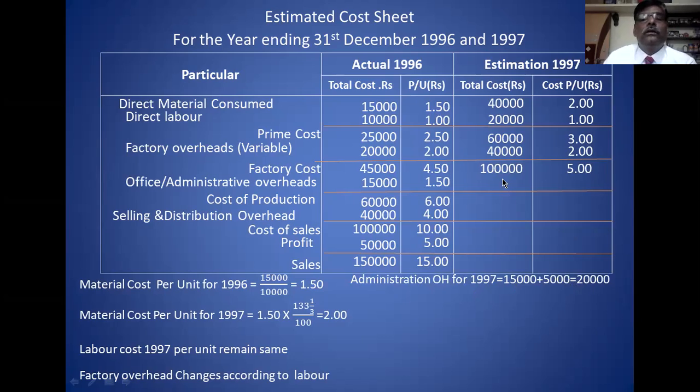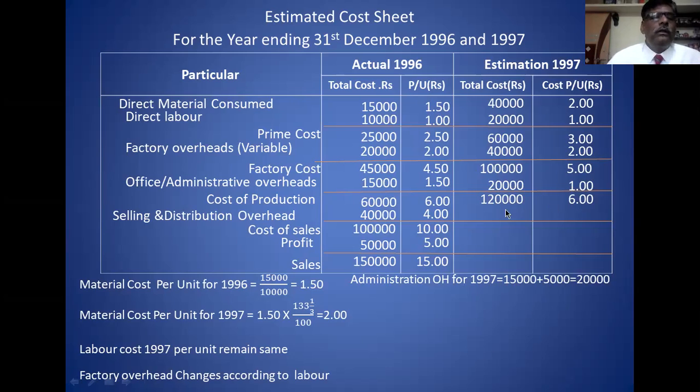So 20,000 is the total divided by the number of pens manufactured. You are going to manufacture 20,000 pens. Therefore, divide by 20,000. It is 1 rupee. Take the total. Total is 1,20,000, per unit is 6 rupee.